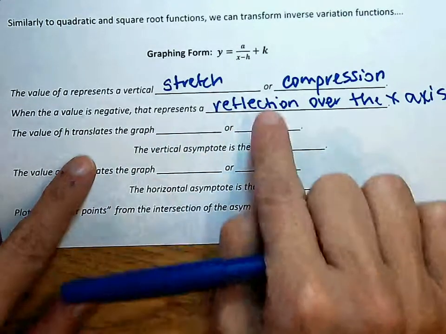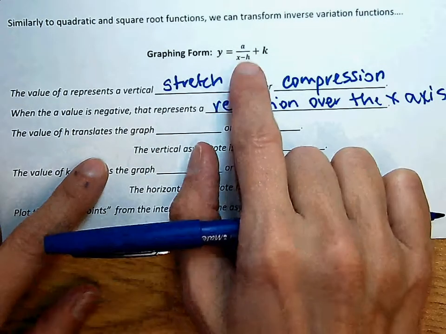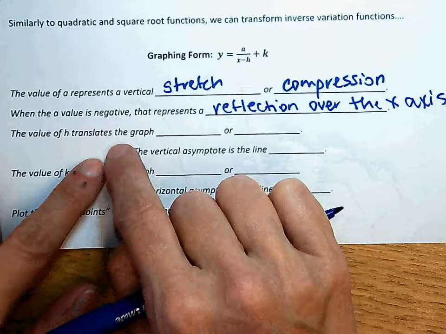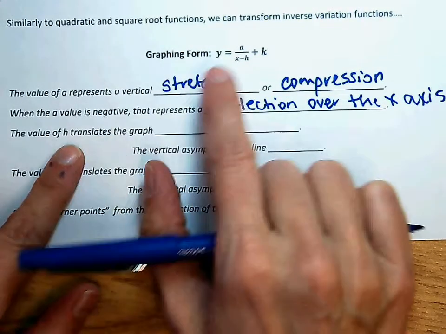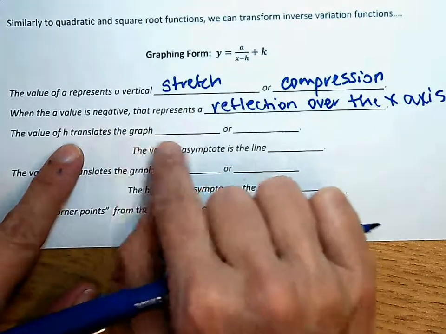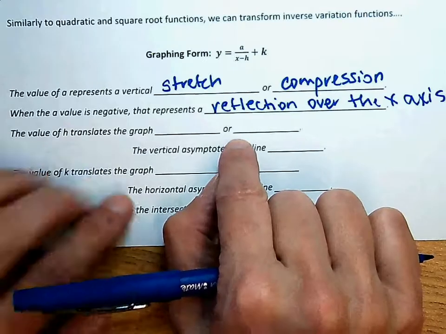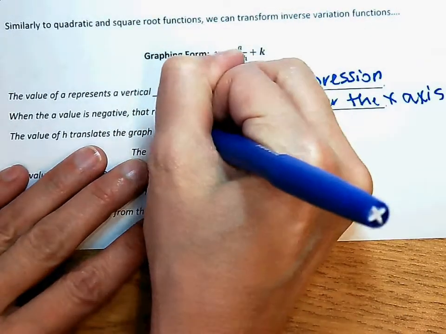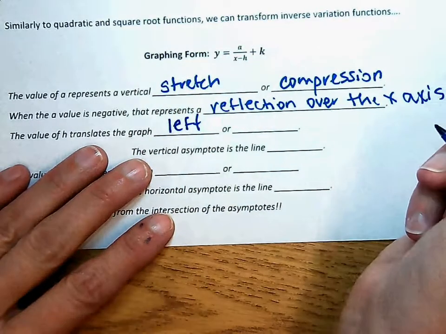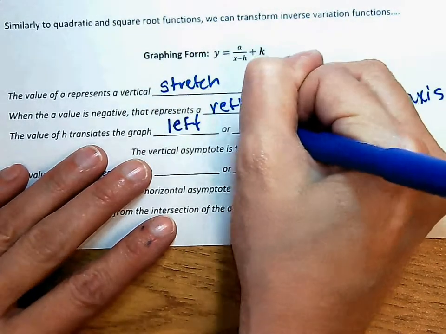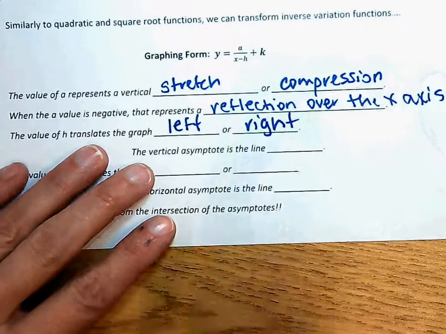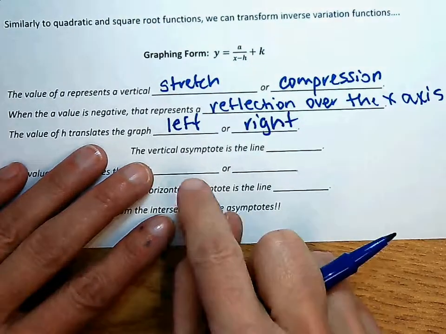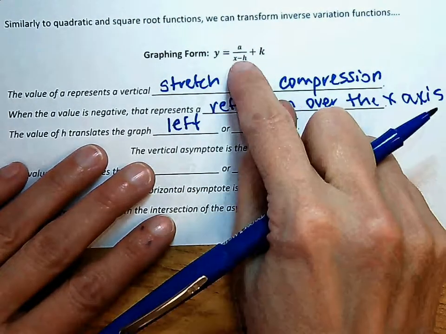So the value of h does what? The value of h translates the graph which way? Left to right. It also gives us the vertical asymptote.